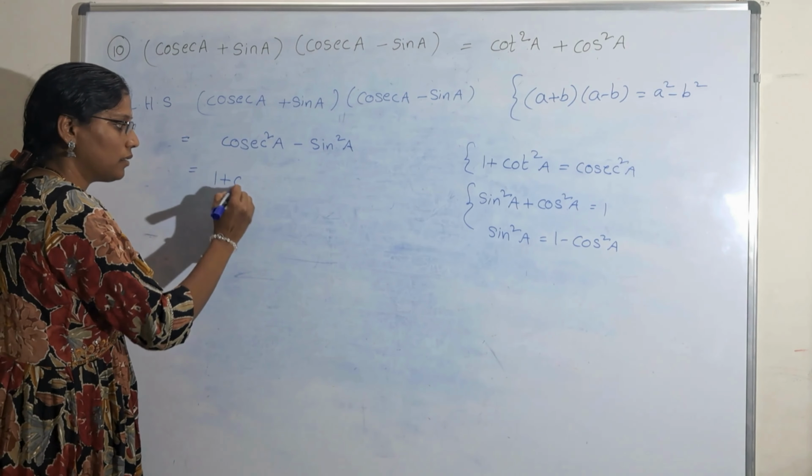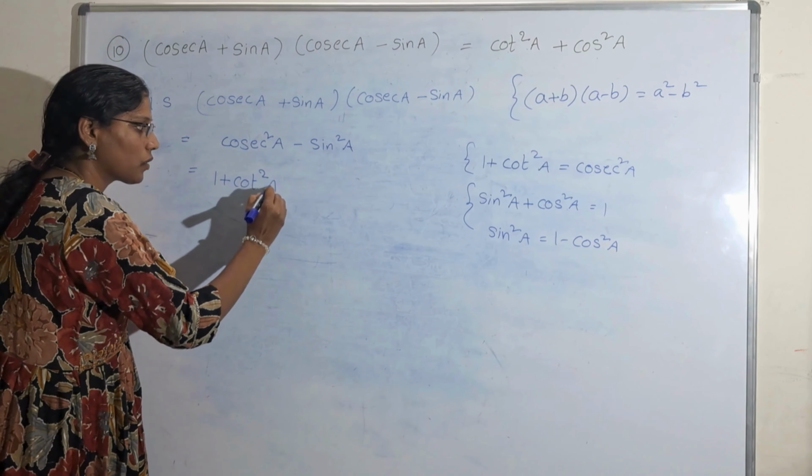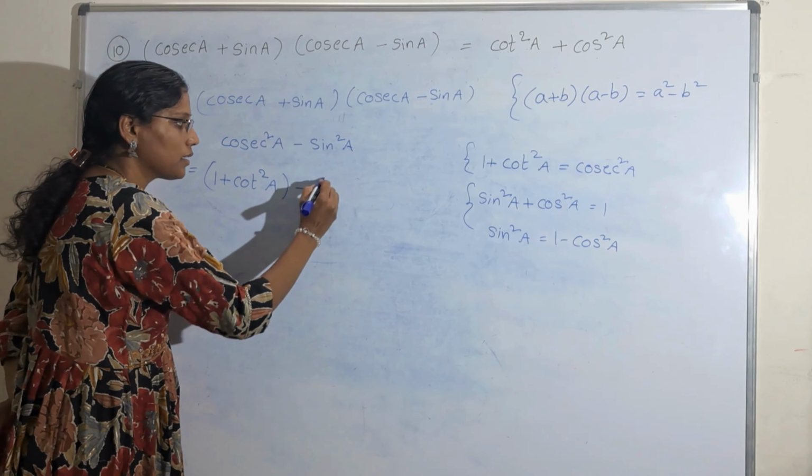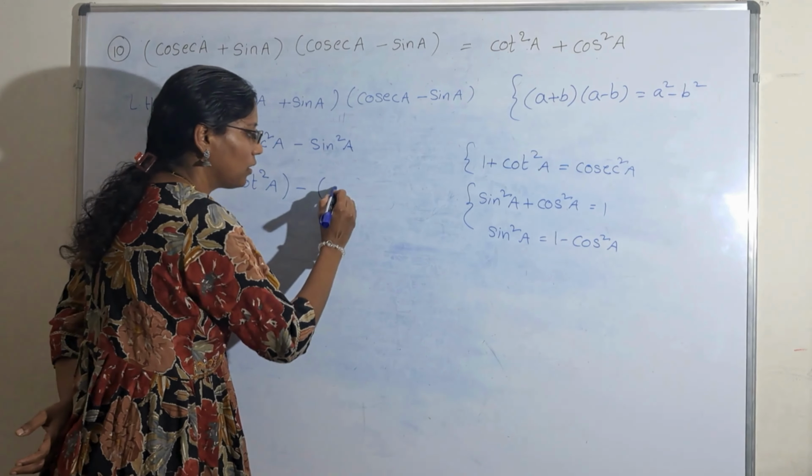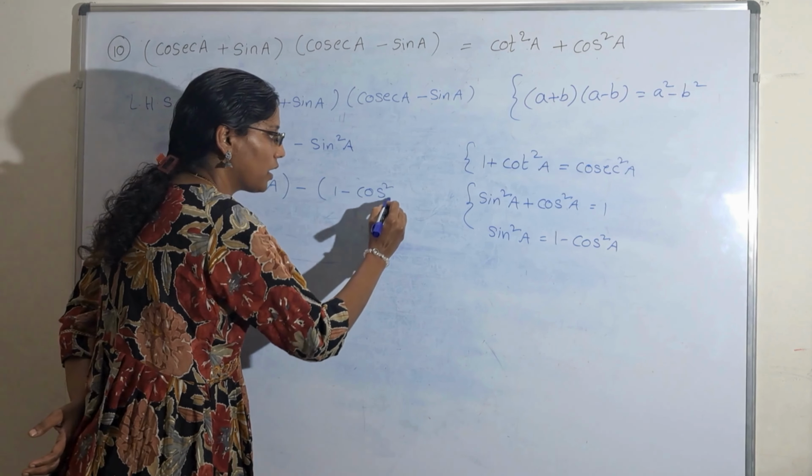Cosecant square A becomes 1 plus cot square A, and here minus sin square A becomes minus the bracket 1 minus cos square A.